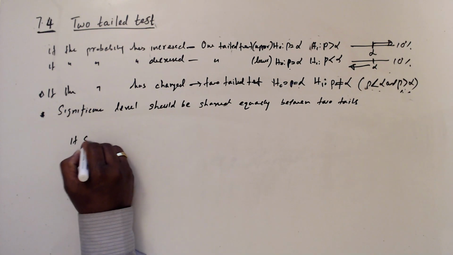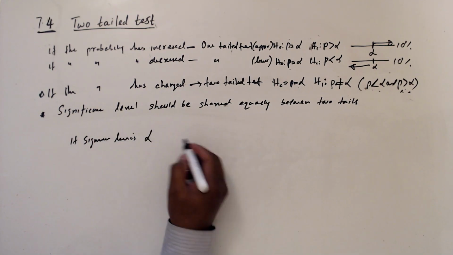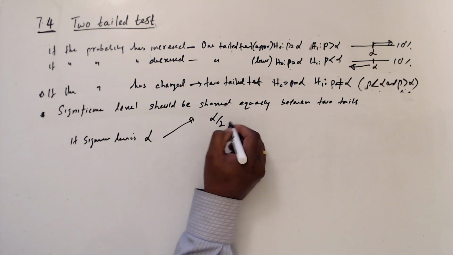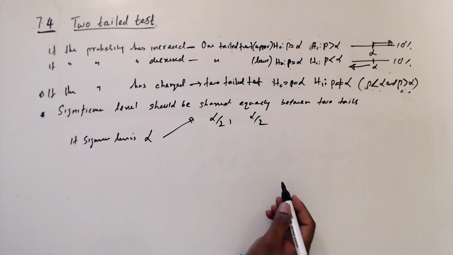Assume the significance level is alpha, then we are sharing it two ways: alpha divided by 2 for the upper tail and alpha divided by 2 for the lower tail.